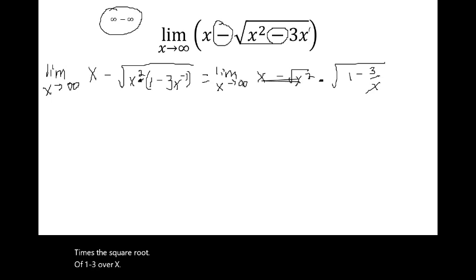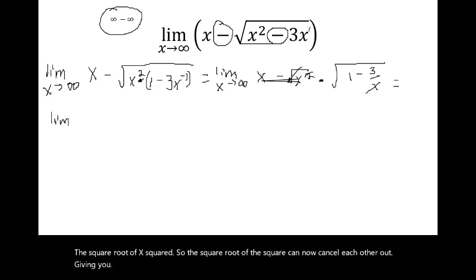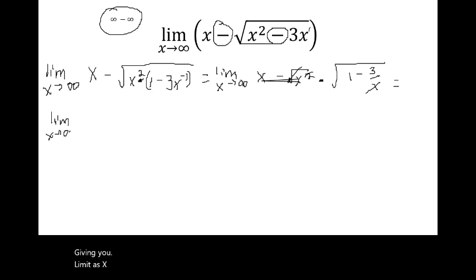The square root and the square can now cancel each other out, giving you the limit as x approaches infinity of x minus x times the square root of 1 minus 3 over x.